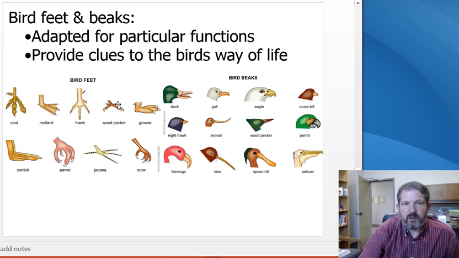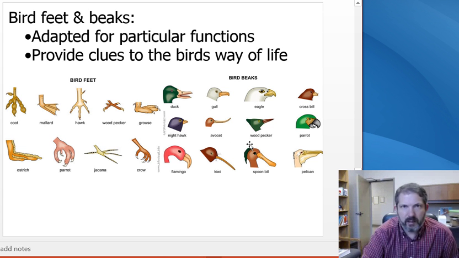So a duck's beak on a hawk would not be a very helpful thing, right? If a hawk had the beak of a duck, how's it going to tear apart its prey? It can't do it. If a duck had the feet of a hawk, it can't swim. What good would big claws, big talons be for a duck?